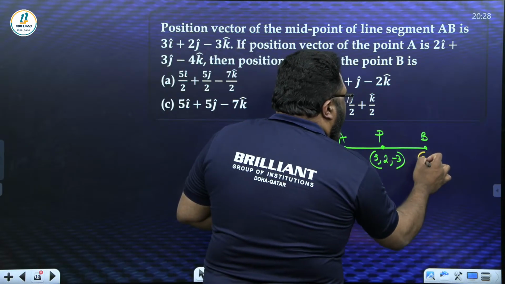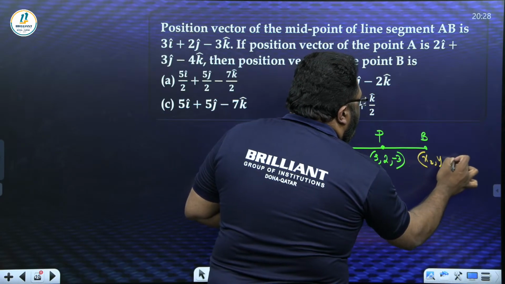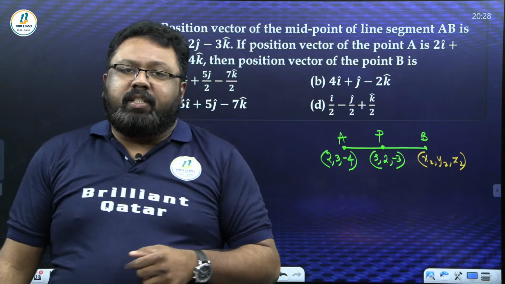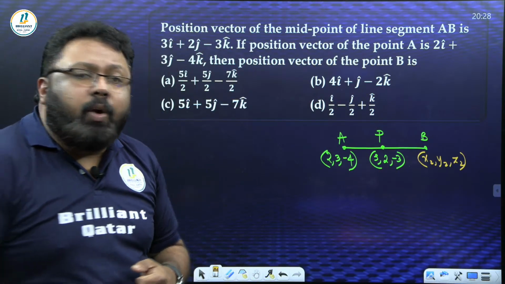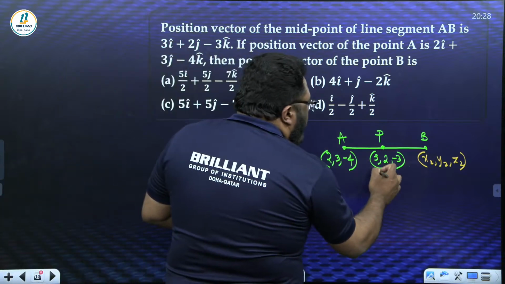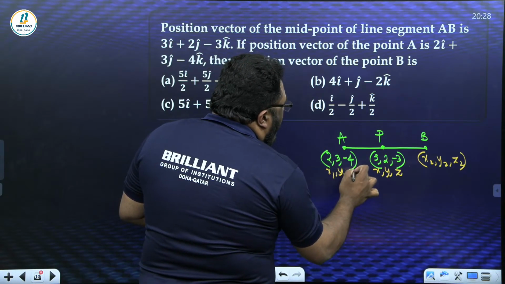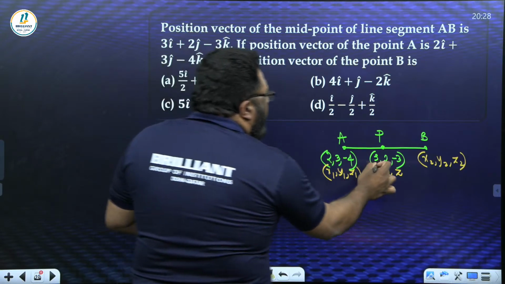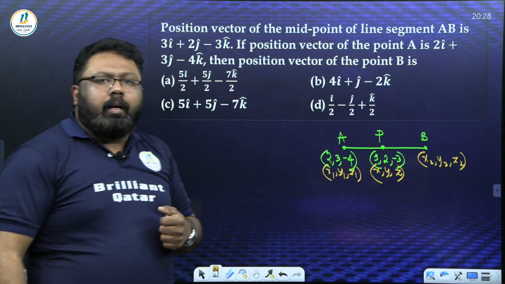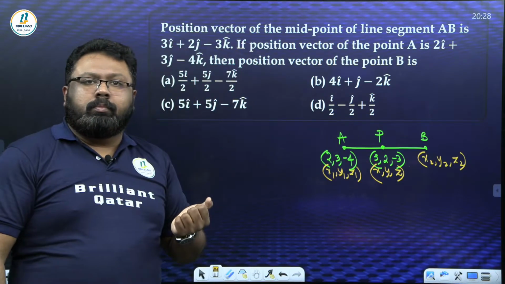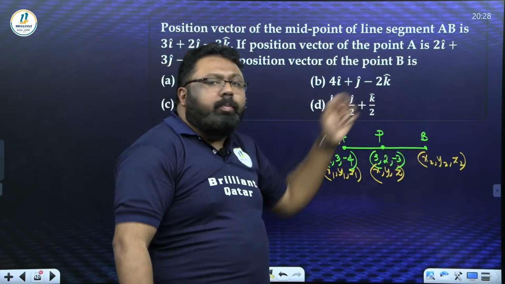B is x2, y2, z2. I am purposefully calling it x2, y2, z2, because if I use the midpoint formula, this is x, y, z, and this is x1, y1, z1. If I use the logic of the midpoint formula, can I say x is x1 plus x2 by 2? y is y1 plus y2 by 2.